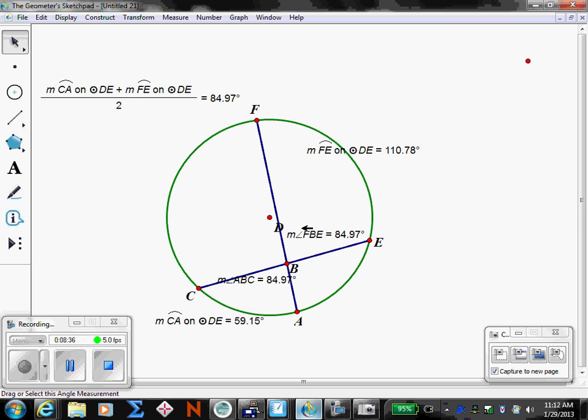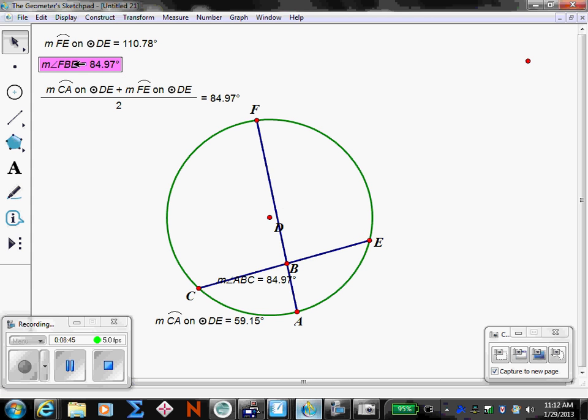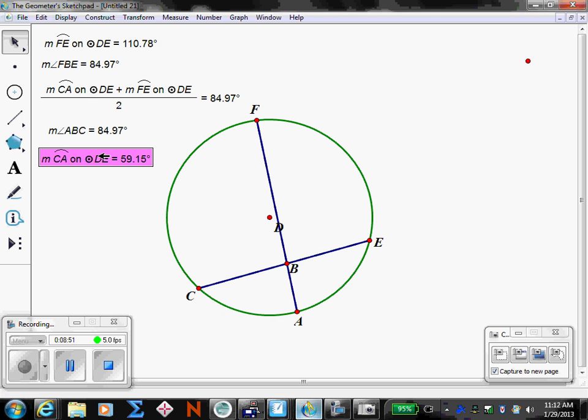Now let's make sure the same thing happens if I do it from the other angle. So let me move these back out of the way. And let's look and see if the same thing happens if we measure angle FBC, if it's the average of its 2 intercepted arcs.